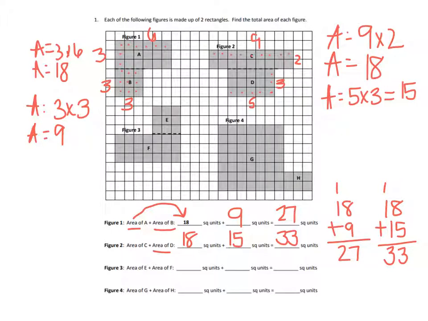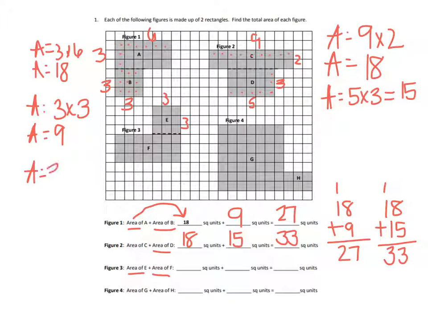It says to find the area of E and the area of F. Go ahead and do that. Remember, you can count the squares, or you can determine the length and width and then multiply. Pause the video while you work and replay when you are ready or if you get stuck. So here we have a length of 3 for letter E and a width of 3.